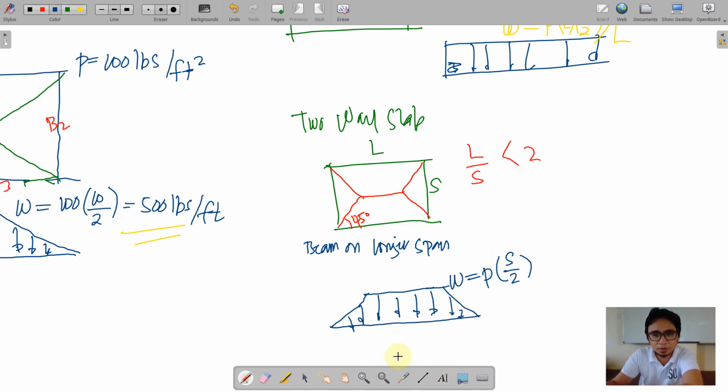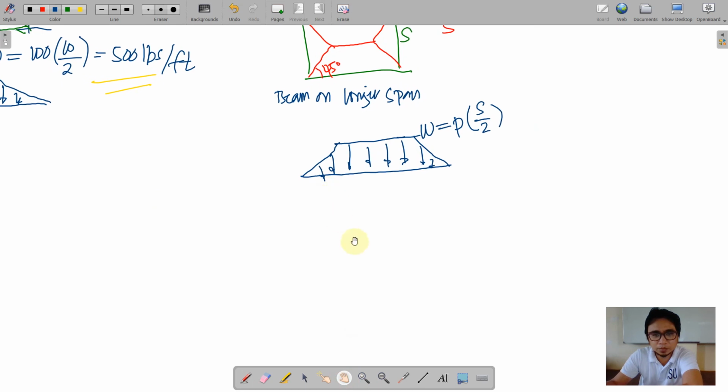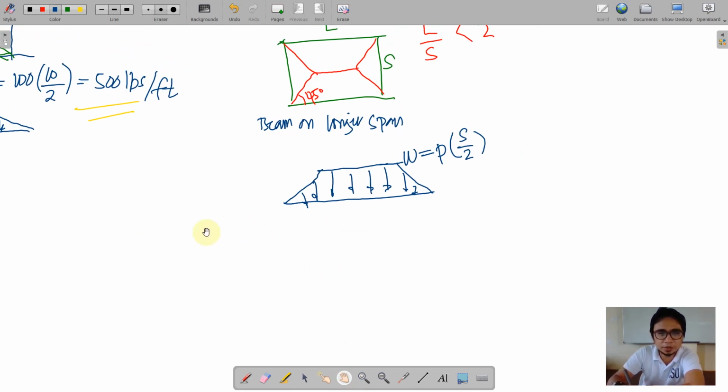Okay, so on the shorter dimension, beam on the shorter span, we have this.